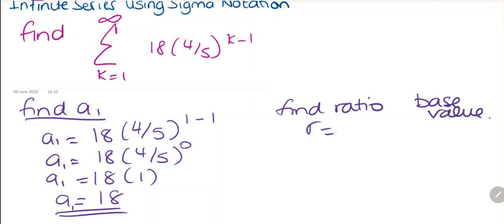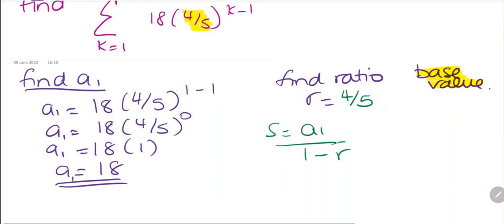The ratio, so to find the ratio, this is the base value. So the ratio will be this here, so this is going to be 4/5. So we're going to use our formula. So S is equal to a1 over 1 minus r, and we're going to substitute in the values.